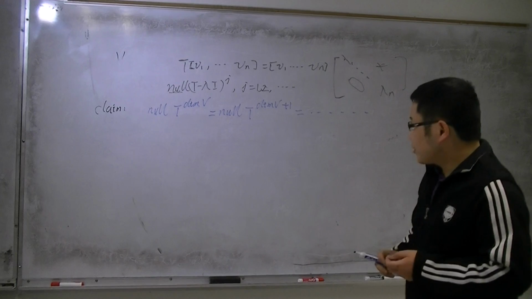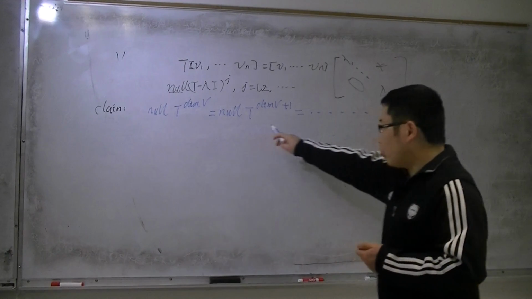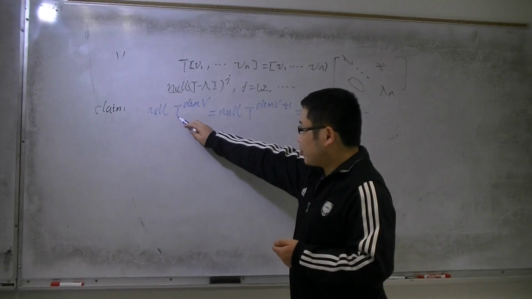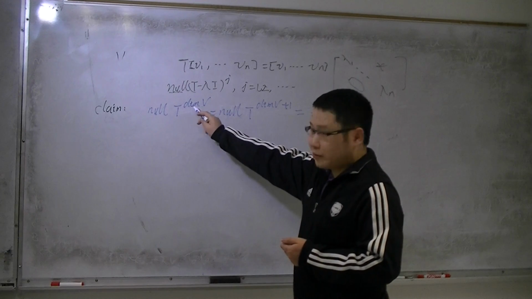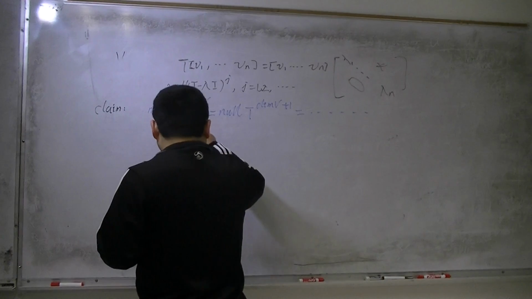Based on the previous proof, it's easy to say that these are equal, if T is an operator on V and this is V's dimension.